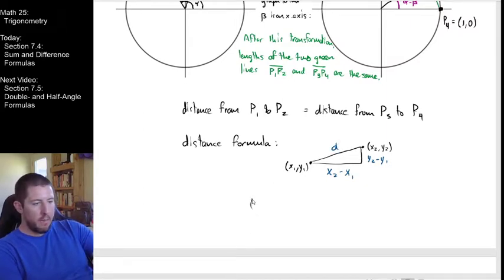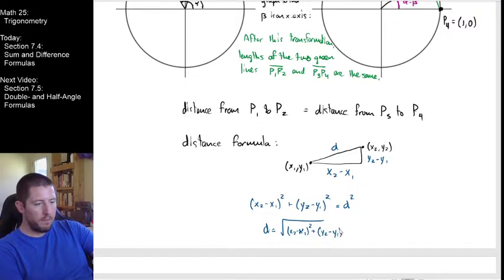So it looks like I could make a statement like x2 minus x1 squared plus y2 minus y1 squared equals d squared. What we're interested in is just the positive distance between the 2 points. So in general we write our distance formula as the square root of x2 minus x1 squared plus y2 minus y1 squared.